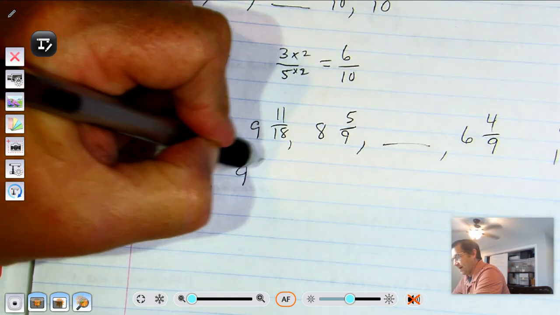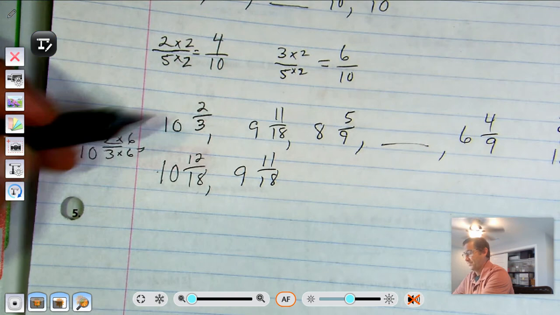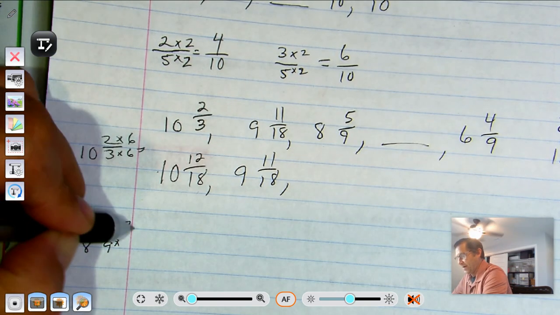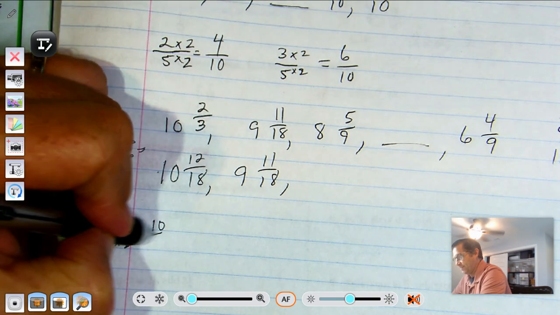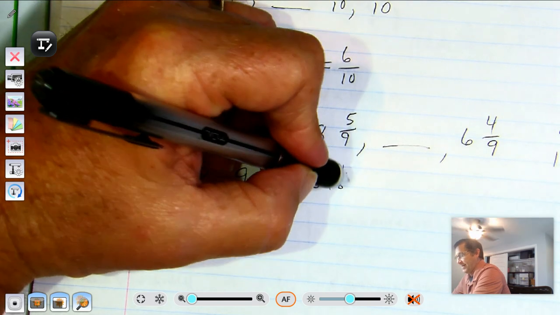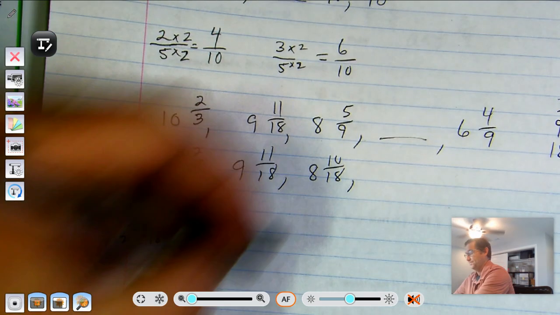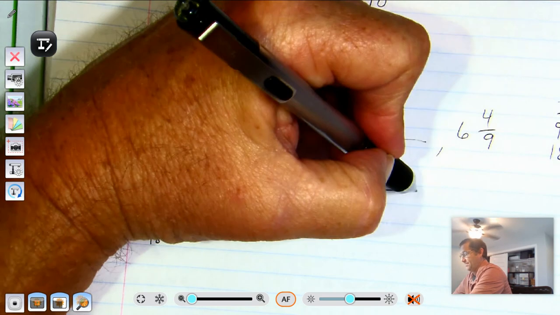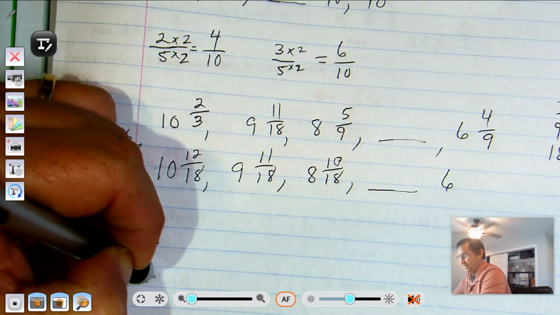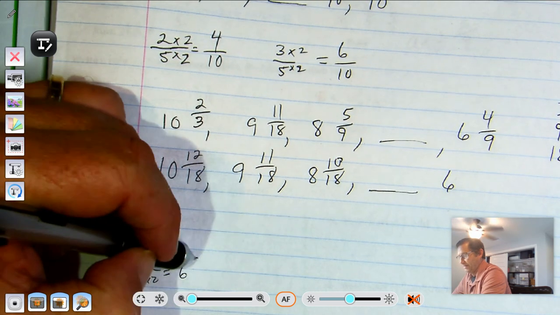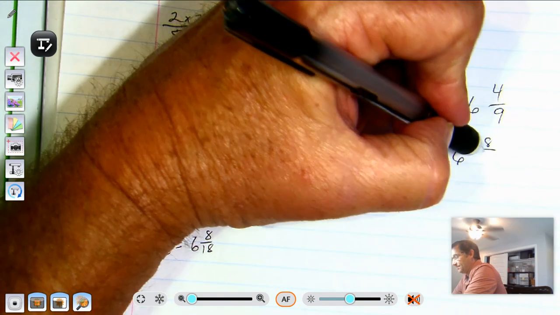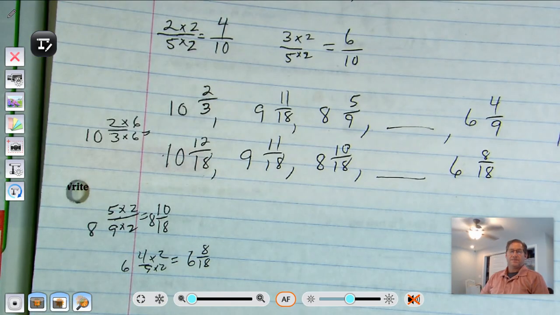Okay, so this mixed number, 10 and 2/3, is equivalent to this mixed number. Now the next one is already 9 and 11/18. 8 and 5/9, we're going to multiply the ninths by 2 to get 18ths. So that gives me 8 and 10/18. We have our blank, and our last one, 6 and 4/9 times 2 leaves me 6 and 8/18. All right, so what do we notice as our pattern?